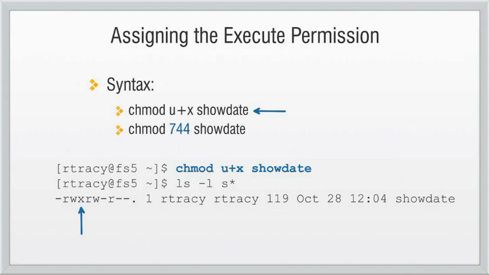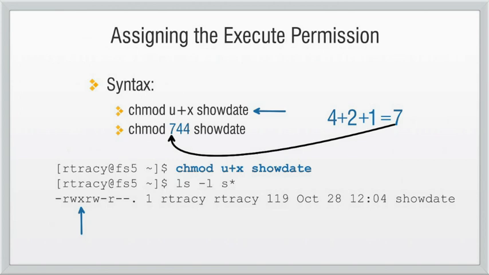Remember, when we calculate permissions numerically, read has a value of 4, write has a value of 2, and execute has a value of 1. So if I want my user, the file owner, to have read, write, and execute permissions, I just add these together. 4 plus 2 plus 1, which equals 7. Because group and others have 4, they're allowed to look at the file, they have read access, but they're not allowed to write to it, nor are they allowed to execute it.